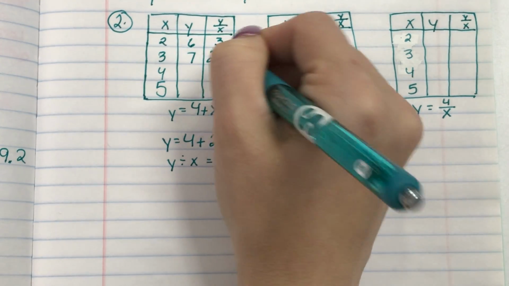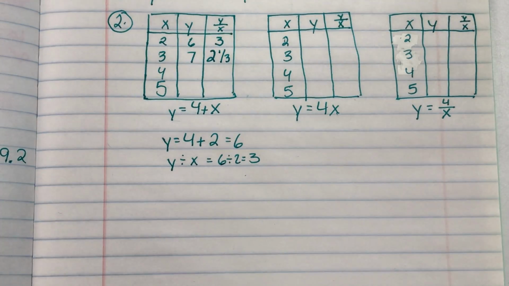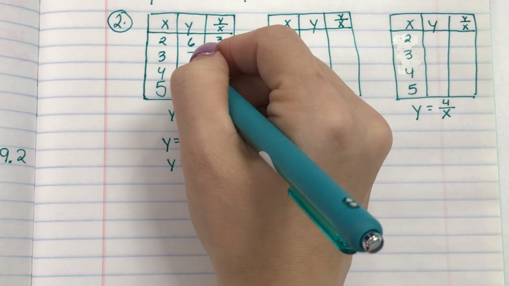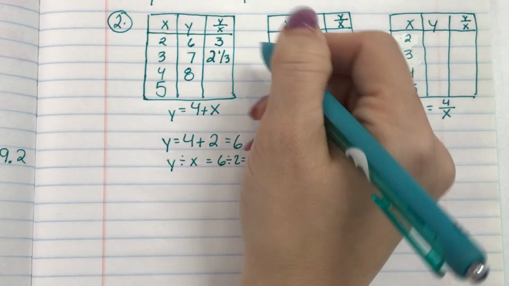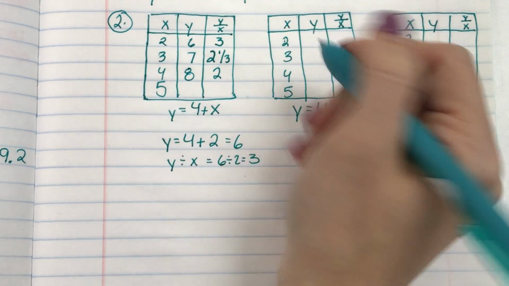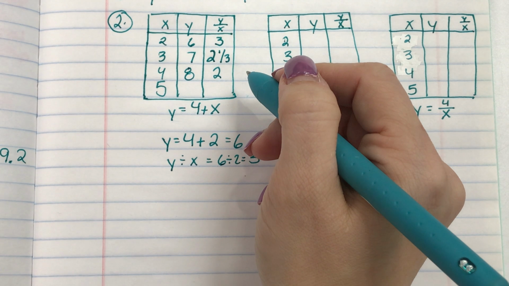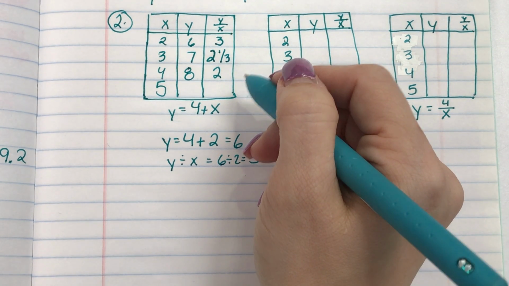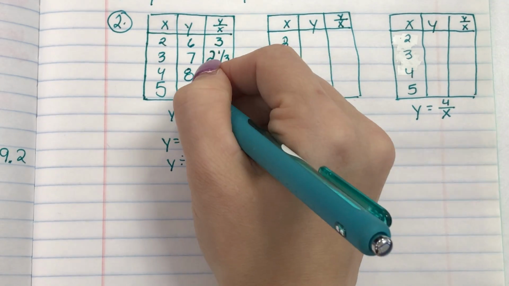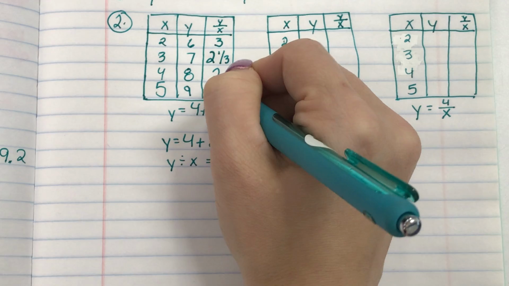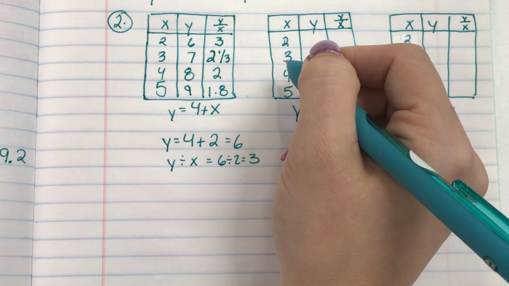So we can say 2 1/3 because it's a repeating decimal. All right, 4 plus 4 is 8. 8 divided by 4 is? Okay. 4 plus 5 is? And 9 divided by 5 is? And if you did 1 4/5, that's fine too.